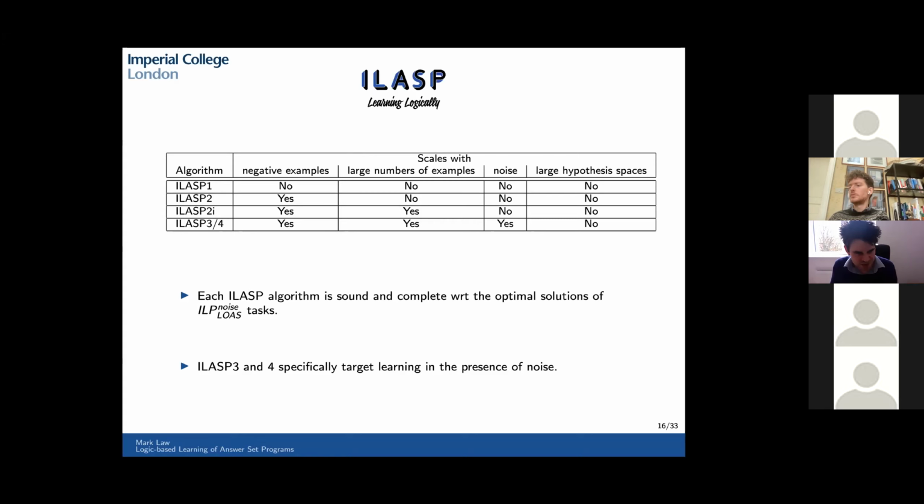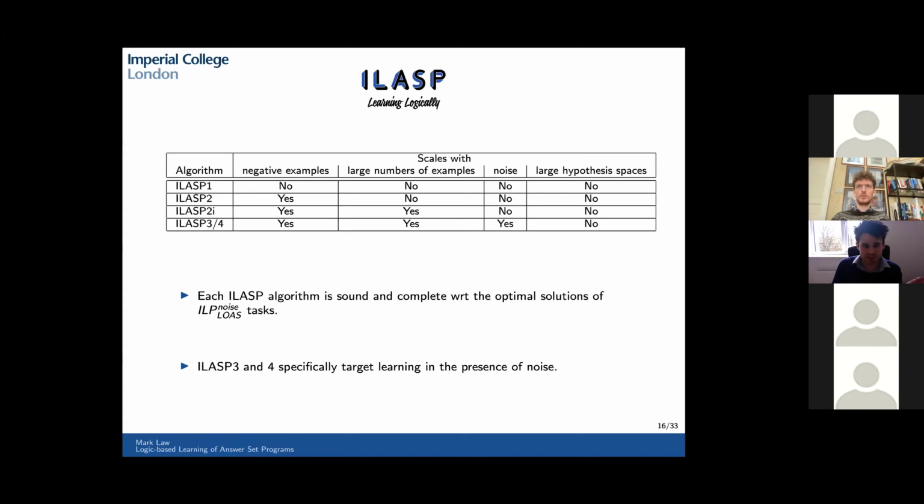ILASP 1, which has now been discontinued and is no longer supported, had some major efficiency issues when it came to negative examples. Even if there was only one negative example in the learning task, it could take an extremely long time to solve a learning problem. ILASP 2 resolved this, but it had some scalability issues with respect to the number of examples.